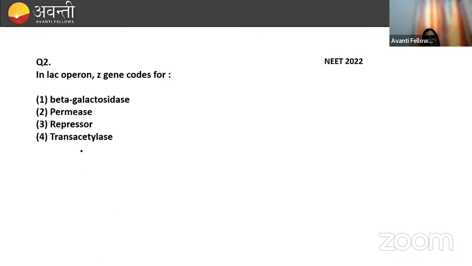Question number 2 says, in lac operon, the Z gene codes for? I told you, please remember that Z, Y, A code for different enzymes. Please remember their names. It's very important. Many times this question has come in NEET. Yes, very good.